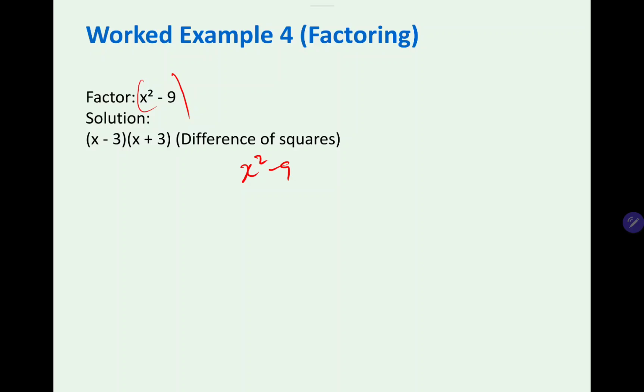So 9 is the same thing as 3 squared, and we did all this in factorization. So this is the same as x squared minus 3 squared, and since this is a perfect square, to factorize this, it becomes x minus 3 into x plus 3.